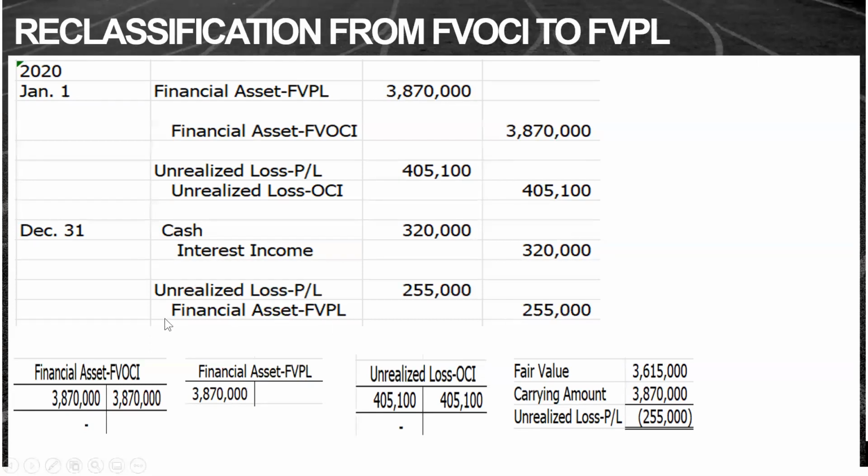So this is our entry: debit unrealized loss, profit or loss, 255,000, and credit financial asset at fair value through profit or loss, 255,000. If you look at the account, this is its updated balance: our financial asset FVTPL will have a balance of 3,615,000, equivalent to the fair value as of December 31, 2020.